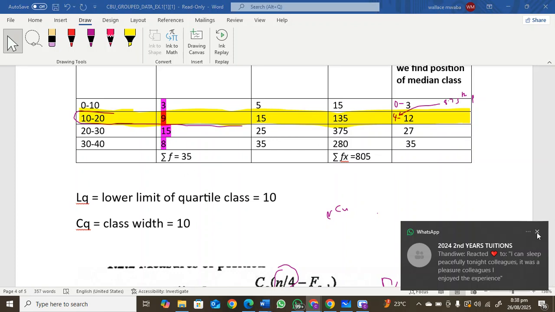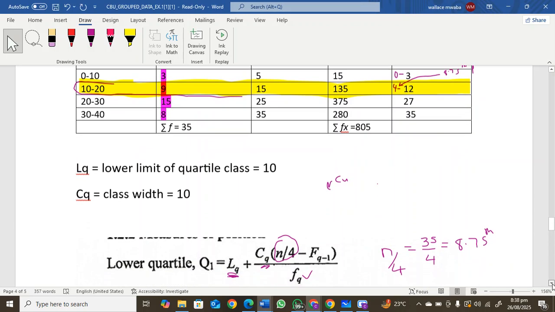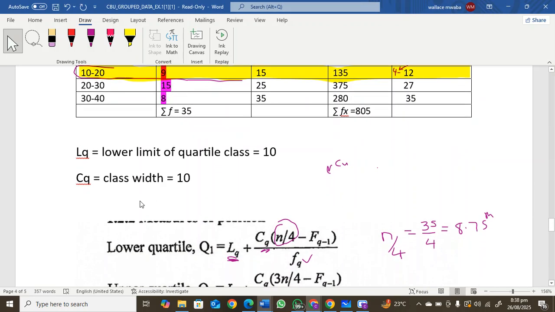FQ, the frequency of the quartile class, is 9.